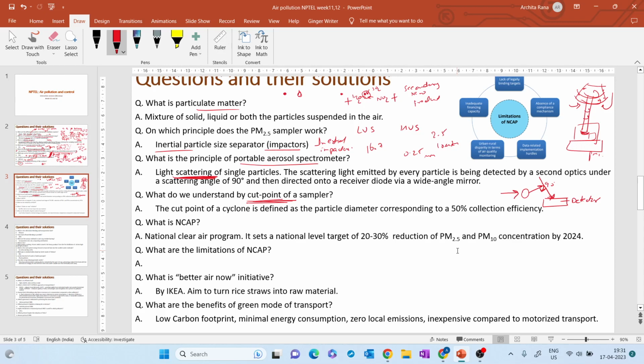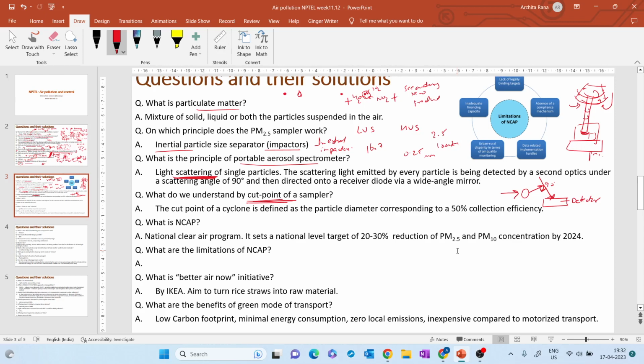If I have a sampler and a lot of particles are being deposited on the filter paper, then more than 50% of those particles will have a size of less than 2.5 micrometer. Not all of them, only 50% or a little bit more than 50%.